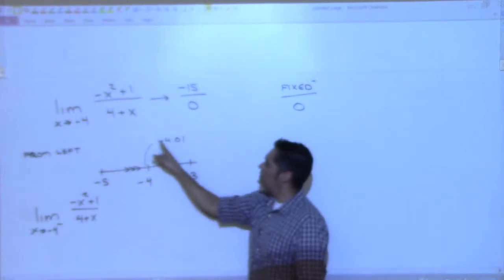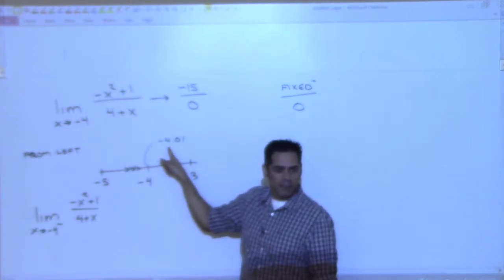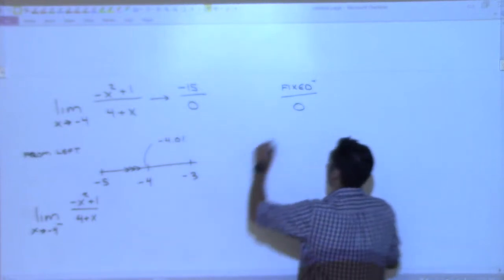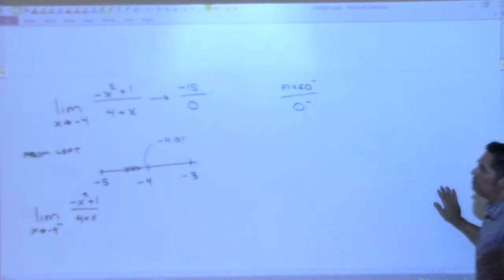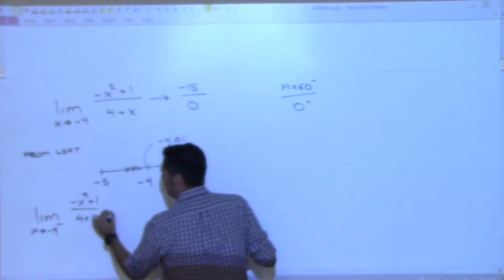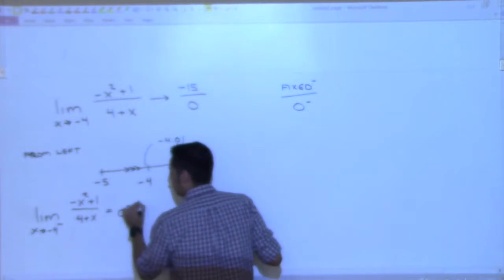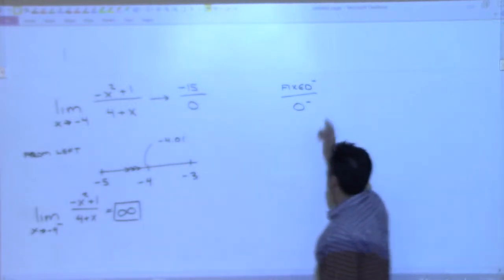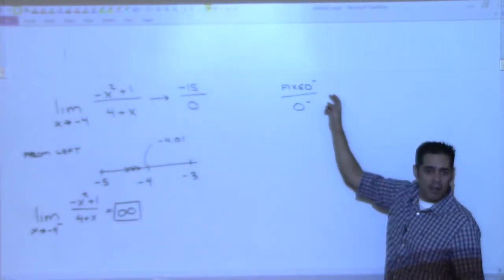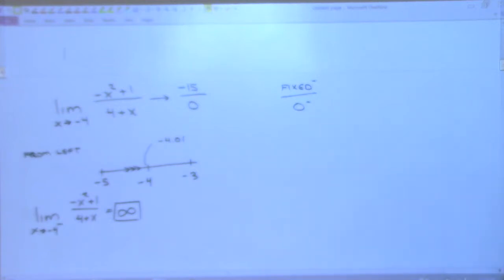So 4 plus this negative number is a negative number. So what is this limit? Infinity. Because it was negative on top and bottom on that table, and negative over negative is positive. So now we have to come in from the right.